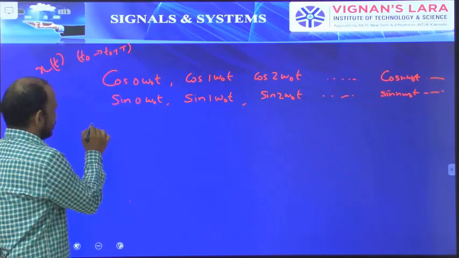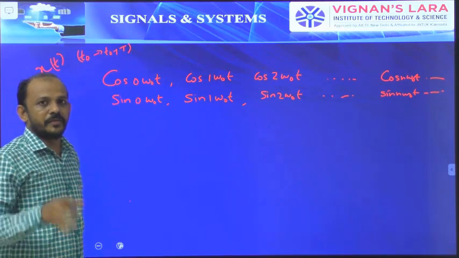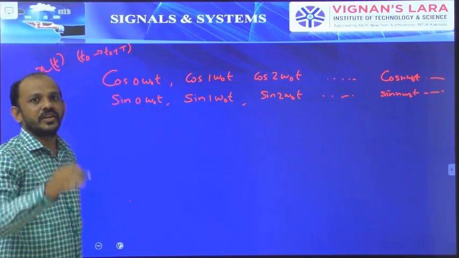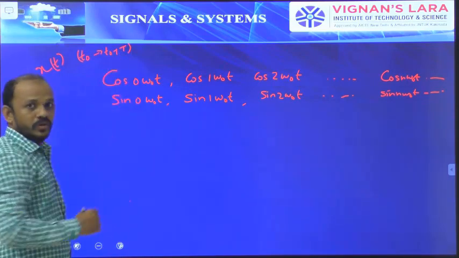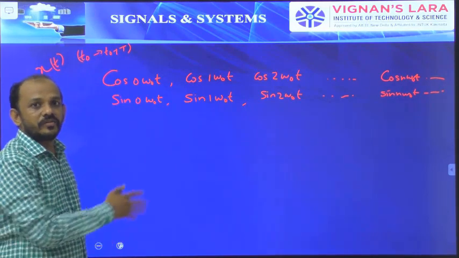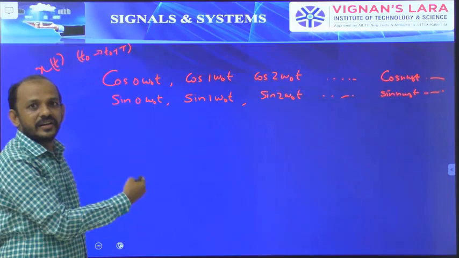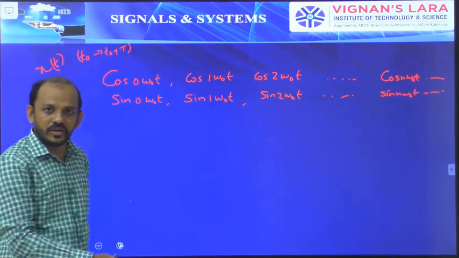Now I am representing a periodic function x of t over the interval t0 to t0 plus T by taking the linear combination of the mutually orthogonal functions. That is, by using the complete orthogonal set.